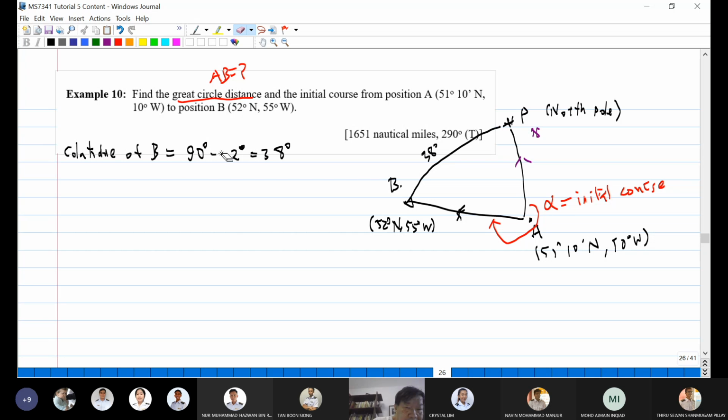Okay, then PA will be the co-latitude of A here, which is 90 minus 51 degrees 10 minutes.